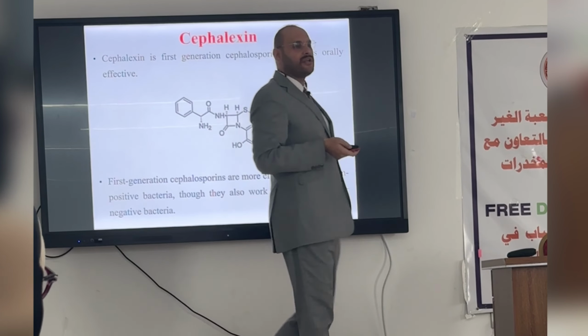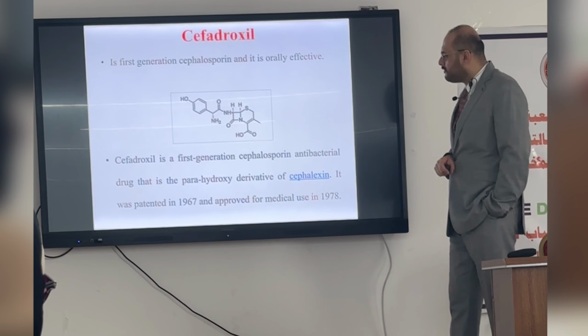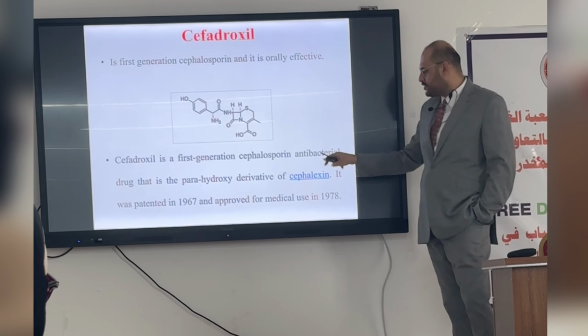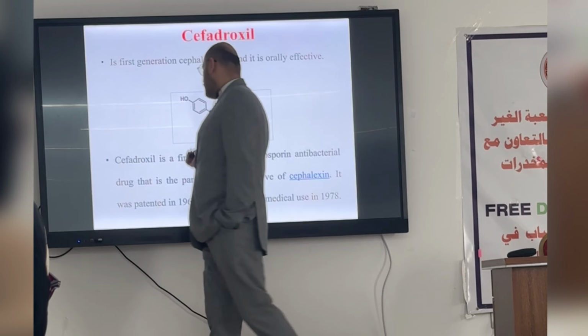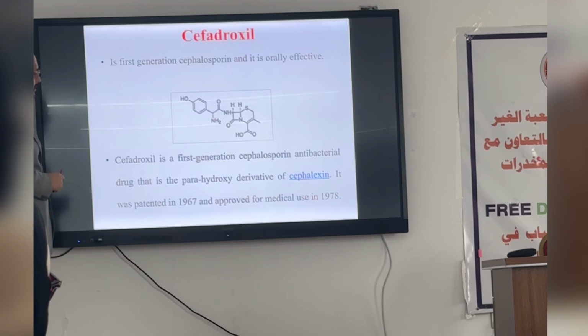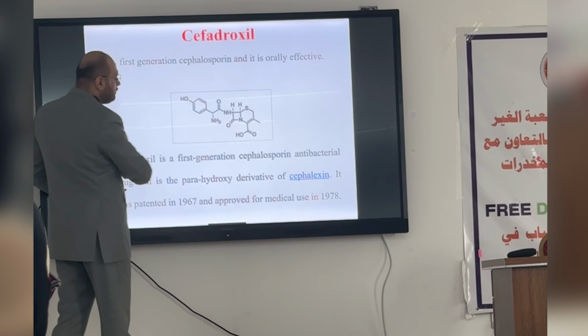The spectrum of activity is more against gram-positive and less against gram-negative. Cephadroxine is a first generation cephalosporin antibacterial, and it is a derivative of the first compound, which was cephalosporin. The point of difference is the para-hydroxy group. Why para?